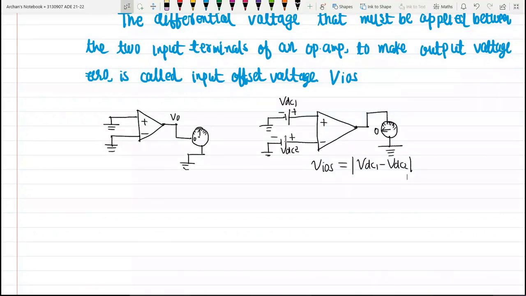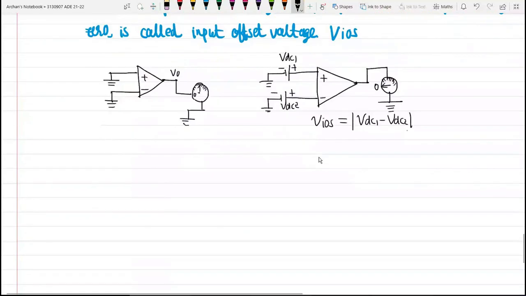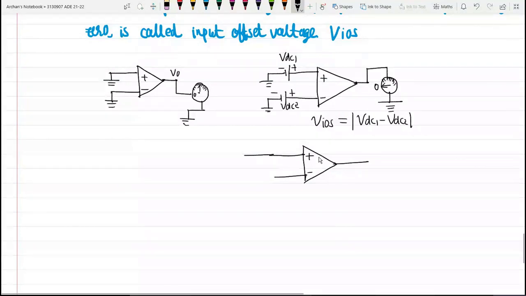Okay, so the indication of practical op-amp would be like this. Okay, see, this is my ideal op-amp. Okay, you can see this is our ideal op-amp. But when we consider the practical op-amp, at that time we need to consider this small input offset voltage like this.